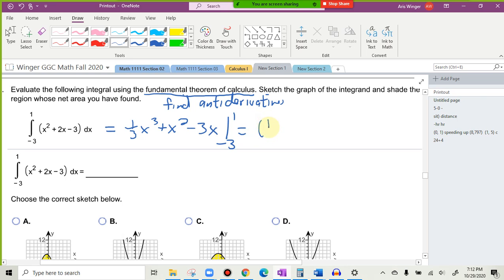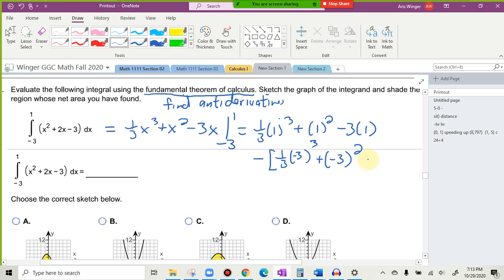So then this is 1/3 times 1 cubed plus 1 squared minus 3 times 1, and then minus 1/3 times, I'm sorry, that's times -3 cubed plus -3 squared minus 3 times -3. Right?